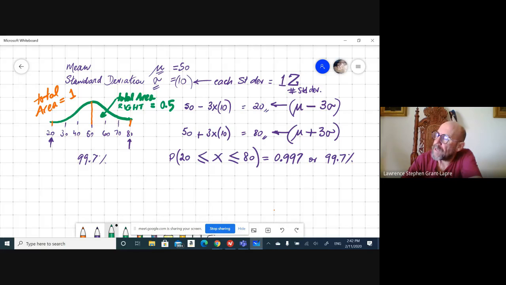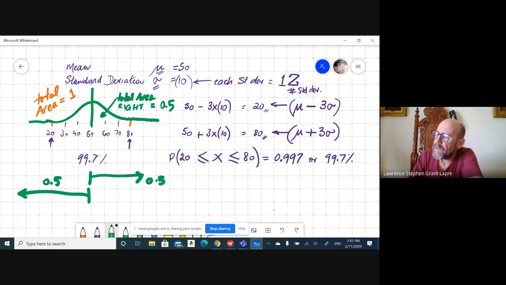That's if we keep it going. The total area under the left part of the graph is also 0.5. So to the right-hand side of the mean, everything is 0.5. And everything to the left side is 0.5.